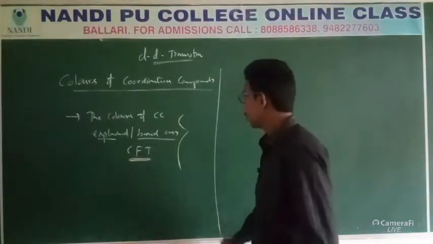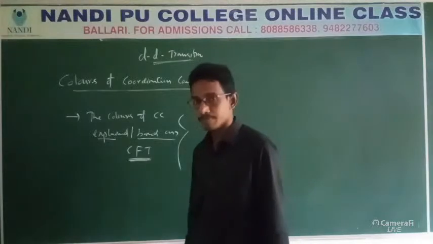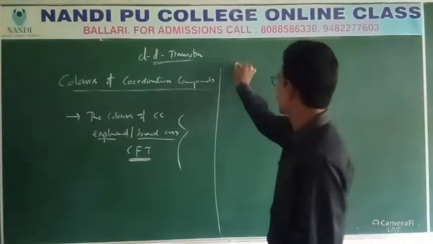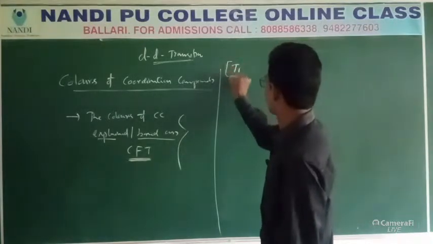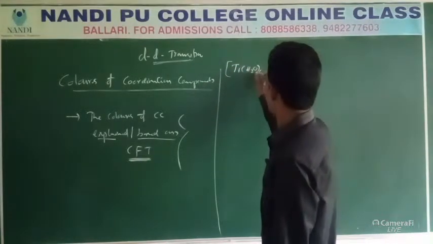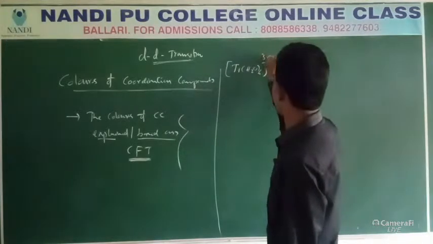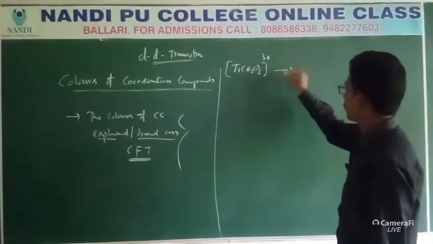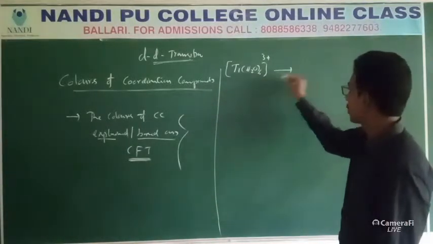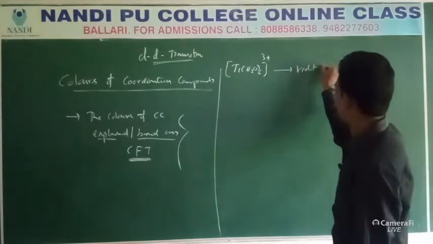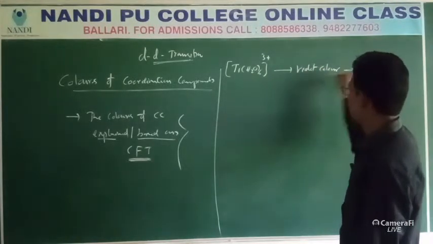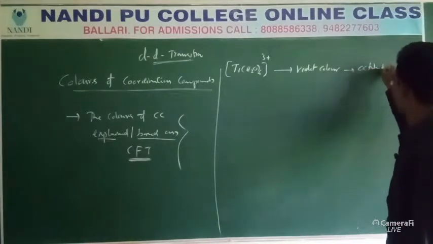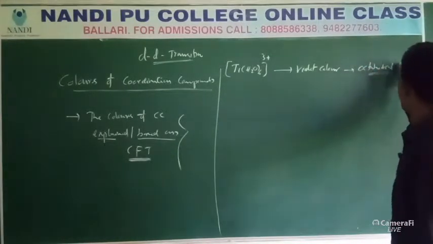For example, why are these colored? Because of d-d transition. What is d-d transition? For example, titanium hexaaqua 3+, Ti(H2O)6 3+. This is a complex ion, violet in color, children. How many ligands here? Six, so it is an octahedral complex.